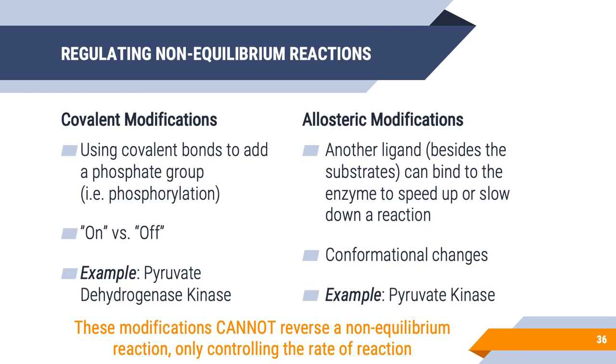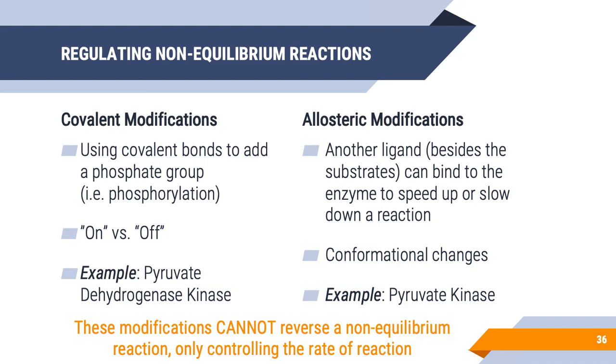An example of this would be pyruvate dehydrogenase kinase, and we'll touch on that in the carbohydrate lecture. These covalent modifications are a coarse level of control because it's either off or on, whereas with allosteric modifications, a ligand binds to the enzyme to alter the speed of the enzyme's activity, either increasing or decreasing that enzyme activity.